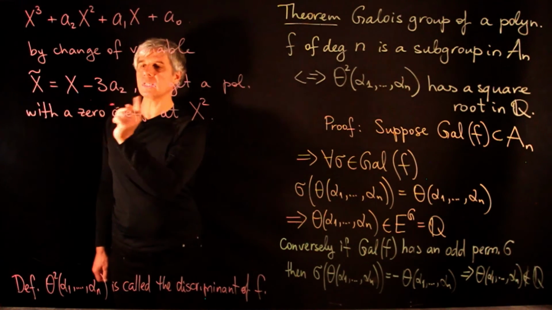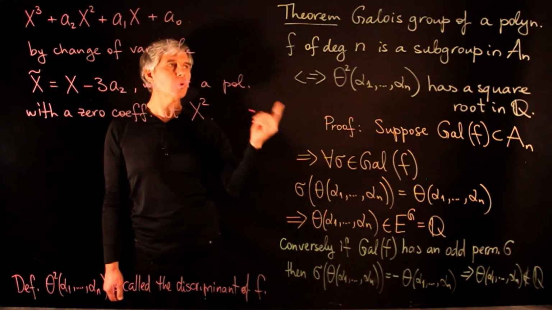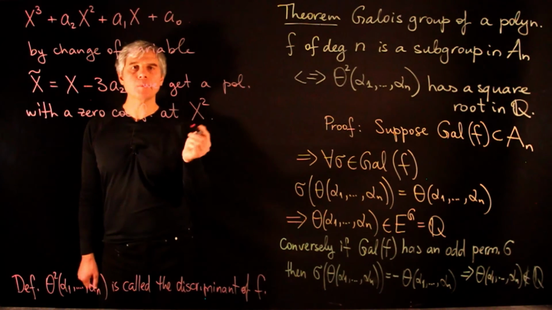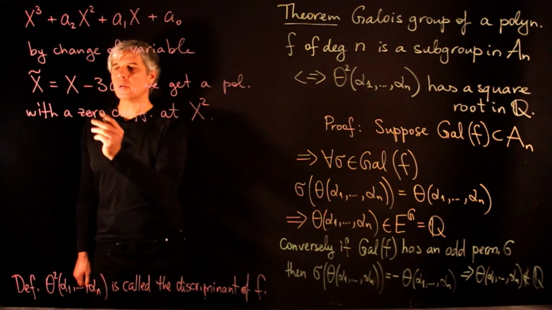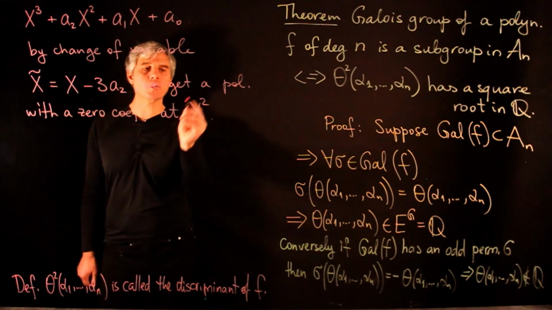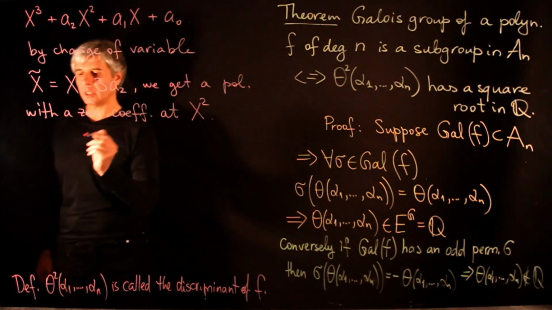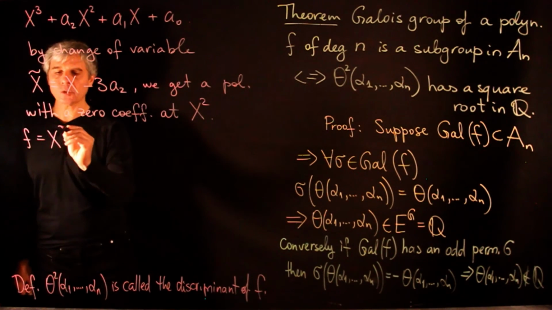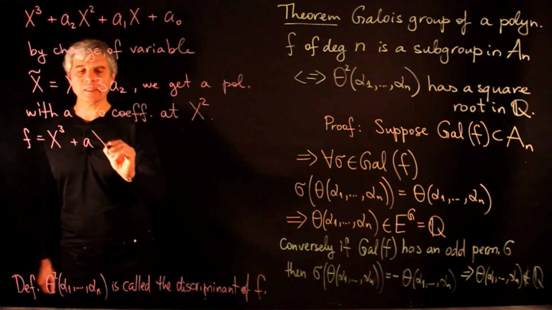Clearly, when we make such a change of variables, the Galois group of the polynomial does not change. And for some computations, it's easier to work with polynomials with a zero coefficient at x squared. So let's assume that. So suppose we have polynomial f, which is x cubed plus ax plus b.